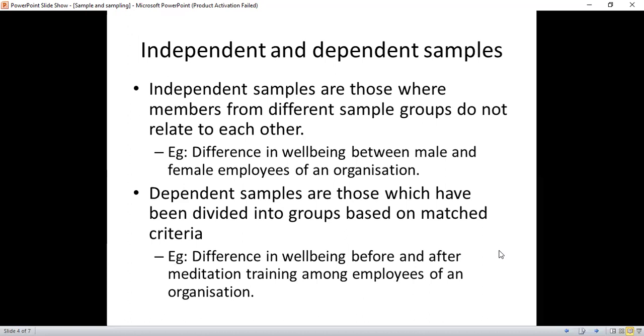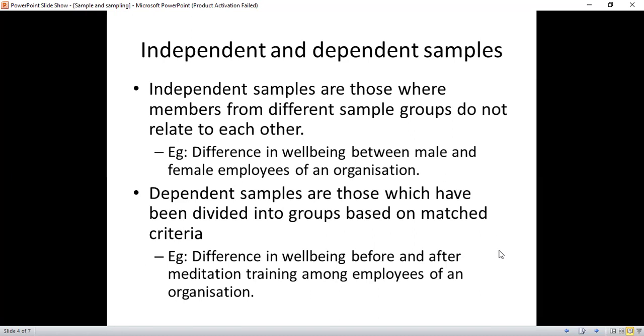Another way of employing dependent samples in research is when we take people and divide them into two groups, but while assigning the second group, we match the participants of the second group on some criteria with the first group.